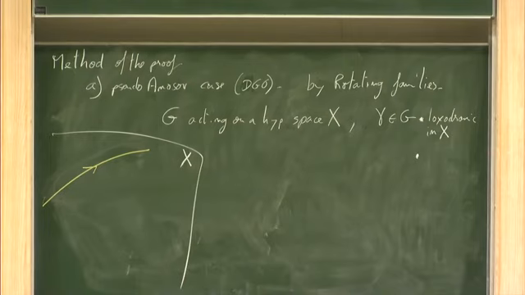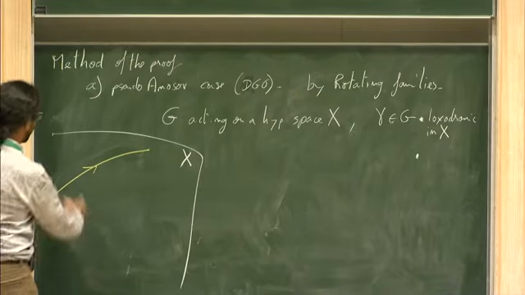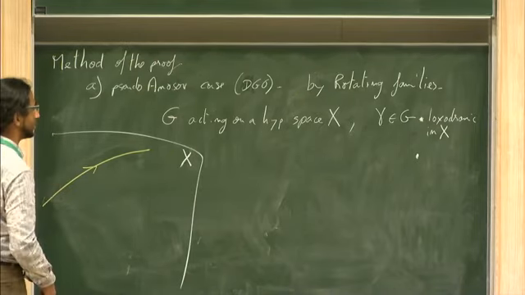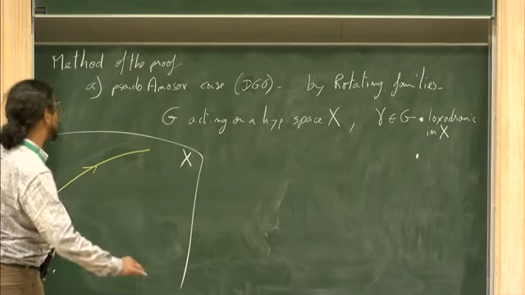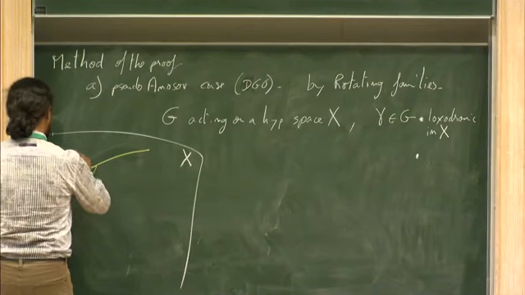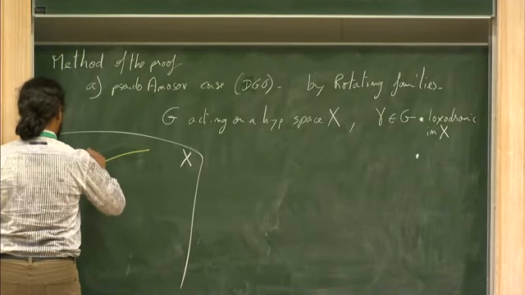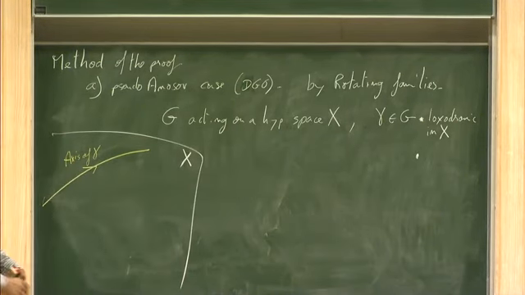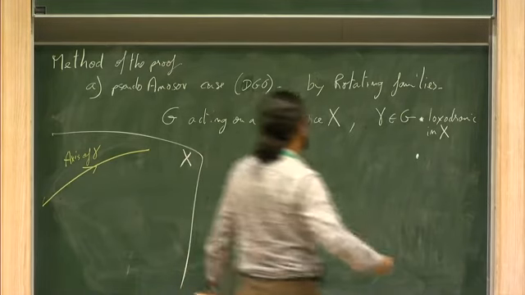You move by translation on this axis, and everything else is more or less controlled by what's happening by projection. Okay, axis of gamma.